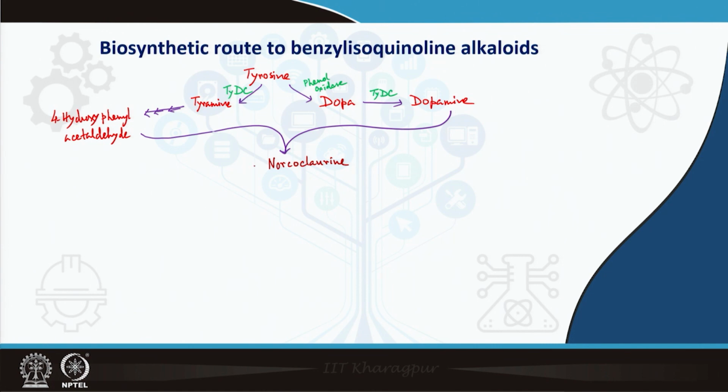So, norcoclaurine is the starting point of isoquinoline alkaloids, particularly benzyl isoquinoline alkaloids, and then these are subsequently converted into coclaurine, and then coclaurine to N-methyl coclaurine. N-methyl coclaurine is again the branching point of several routes.